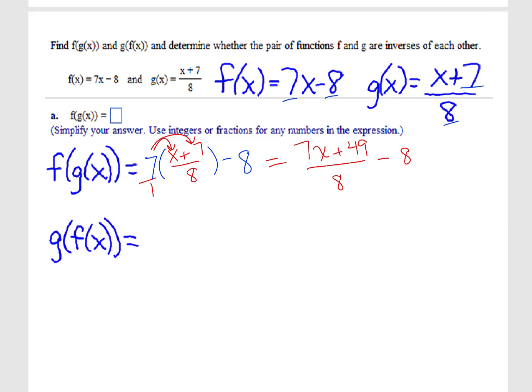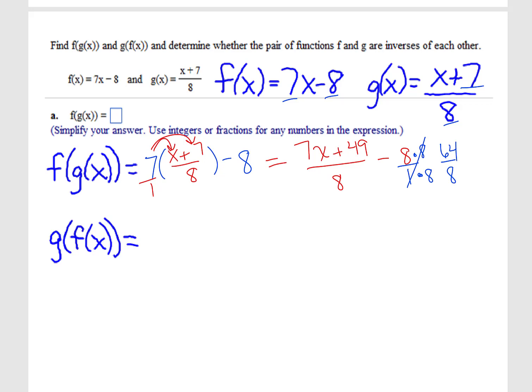I'm going to rewrite that 8 with a denominator of 8, so I can actually do the math between the fraction and the minus 8. So 8 over 1, I'd multiply by 8, so my denominator is 8, but I have to do the same thing up top.